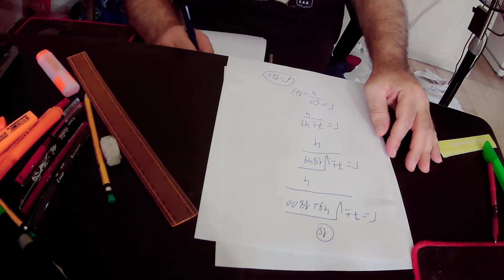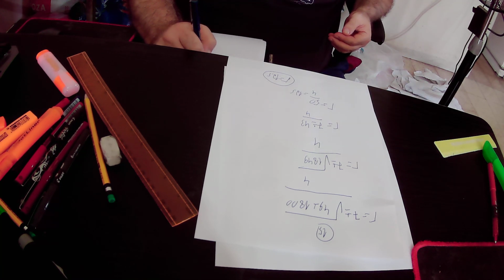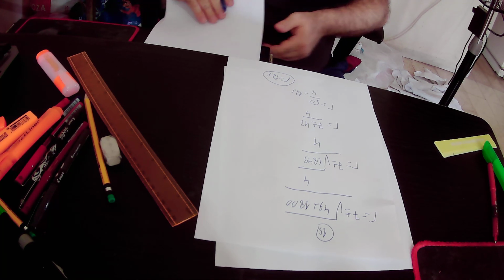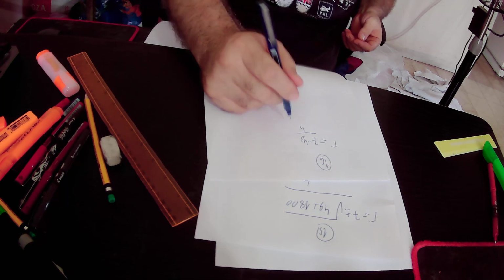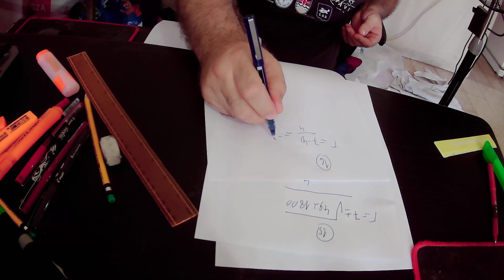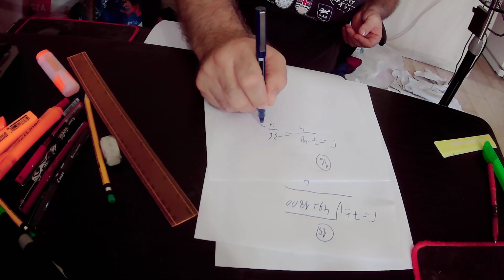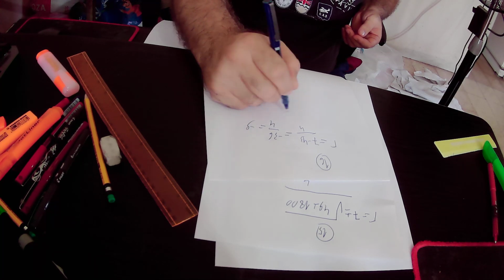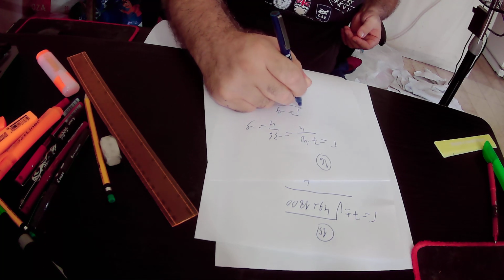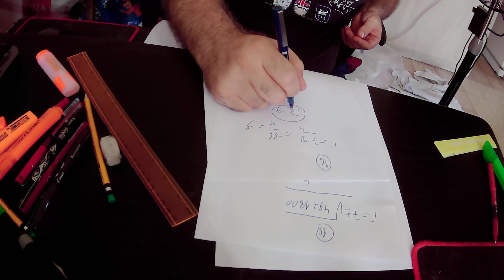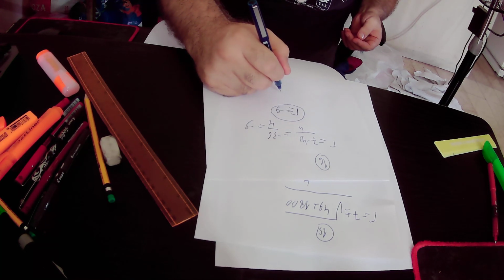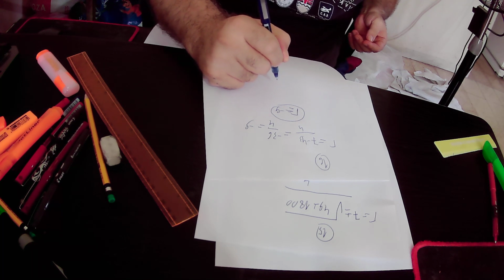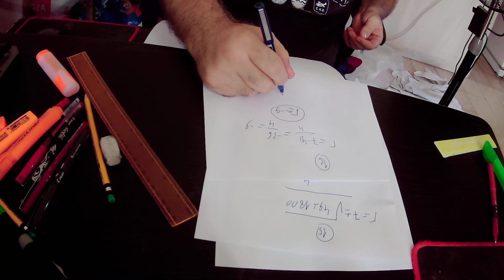And we have another solution. R also can be equal to 7 minus 43 over 4. 7 minus 43 is minus 36 over 4 is minus 9. So we got a solution that R equals to minus 9, but this solution is incorrect, because R must be a positive number.